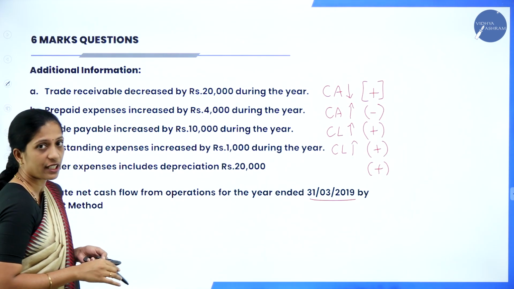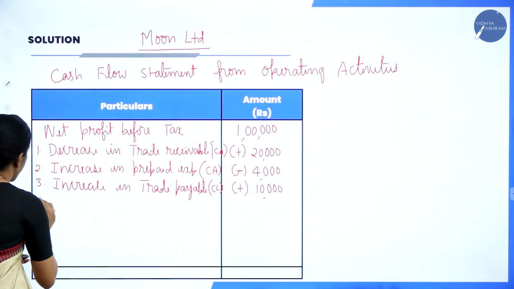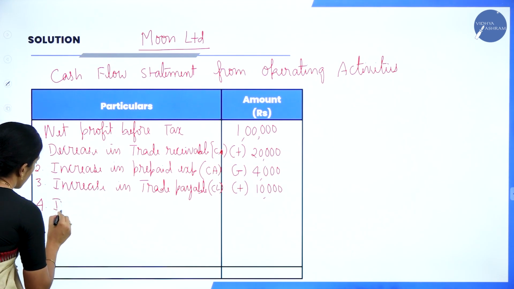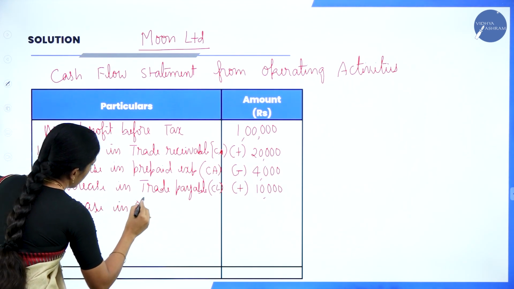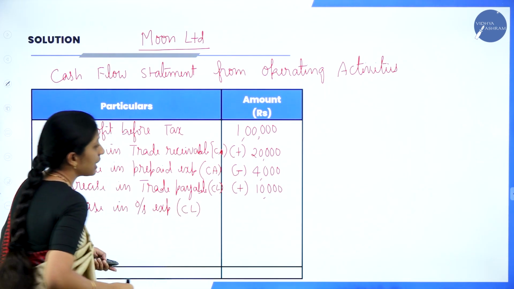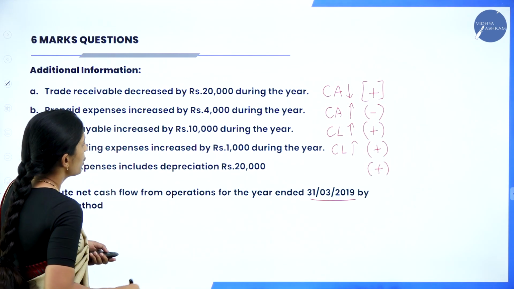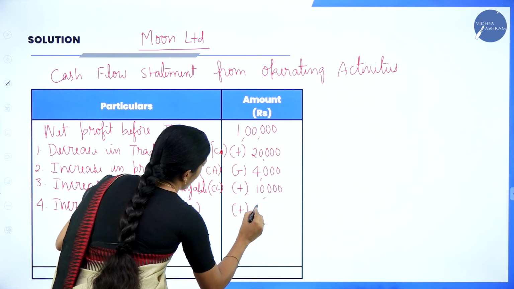Outstanding expenses is a current liability. Increase in current liability. So increase in outstanding expenses. So I have to add how much? 1,000.